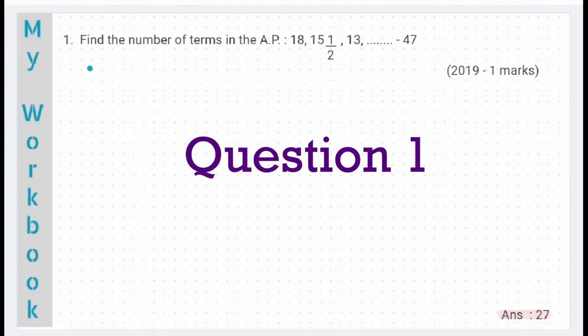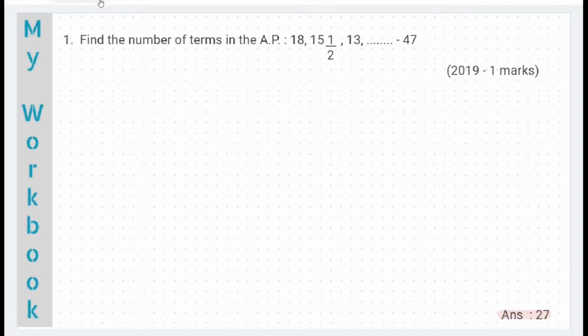Question number 1. Find the number of terms in the arithmetic progression 18, 15 and a half, 13, and so on till negative 47. It's a 1 mark question from 2019. So here the first term in the progression is 18, so A is 18.